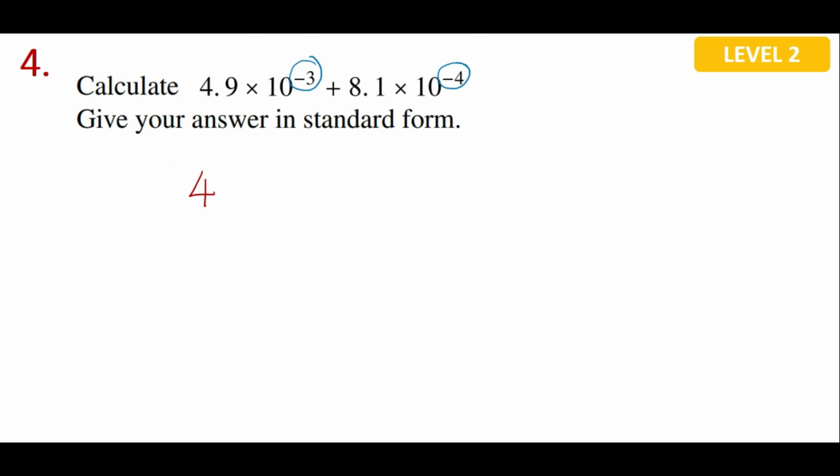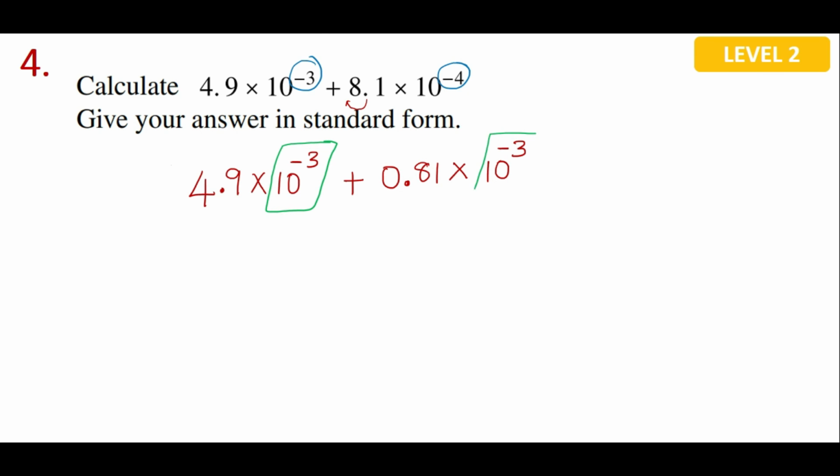I'll keep 4.9 times 10 to the power of minus 3 plus I will change 10 to the power of minus 4 to 10 to the power of minus 3 by shifting this decimal once to the left. So this is going to be 0.81 times 10 to the power of negative 3. Now you have got the same values here, which is 10 to the power of minus 3.